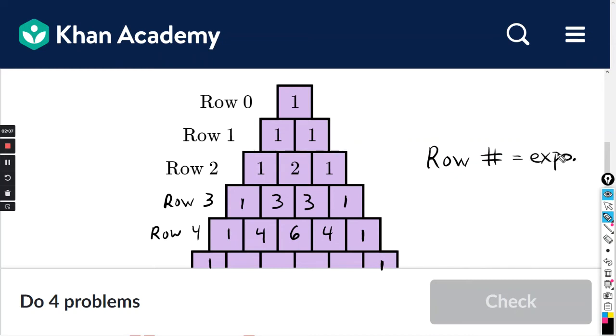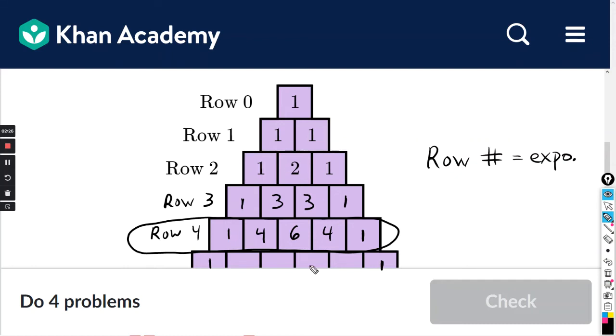Okay, so since our binomial was to the 4th power, we're going to be using this row right here. Okay, and the numbers in this row are going to be the coefficients when we expand the binomial.